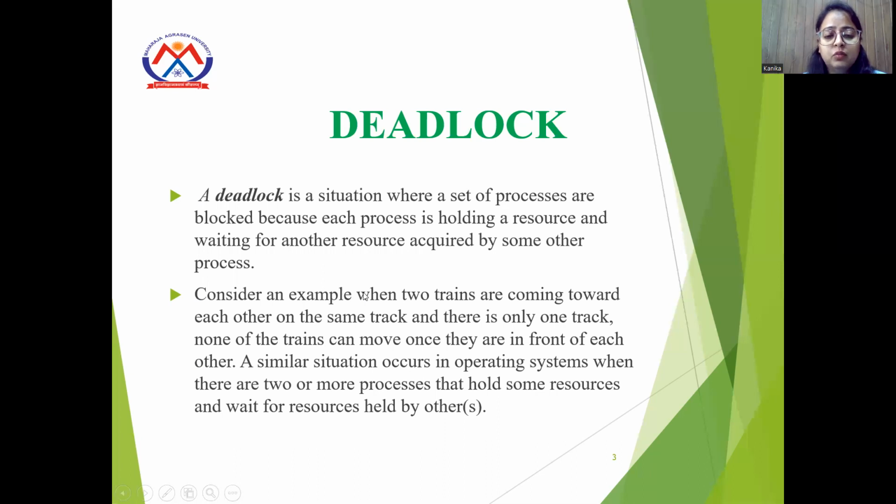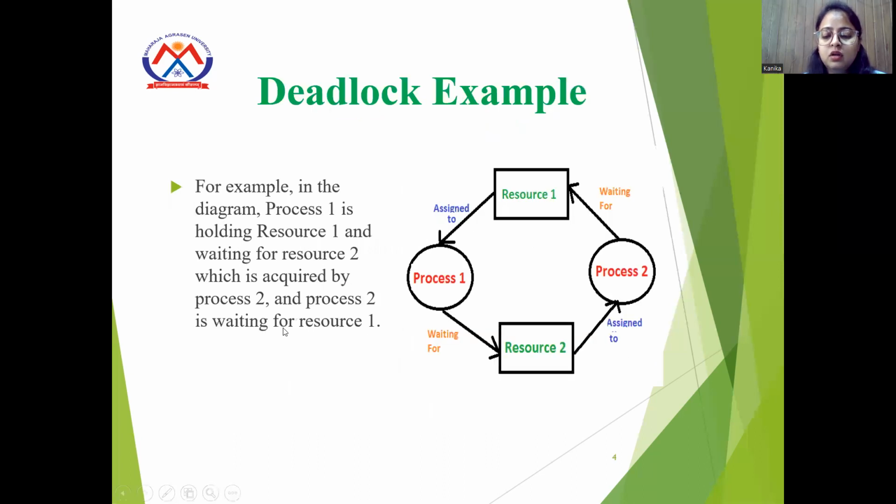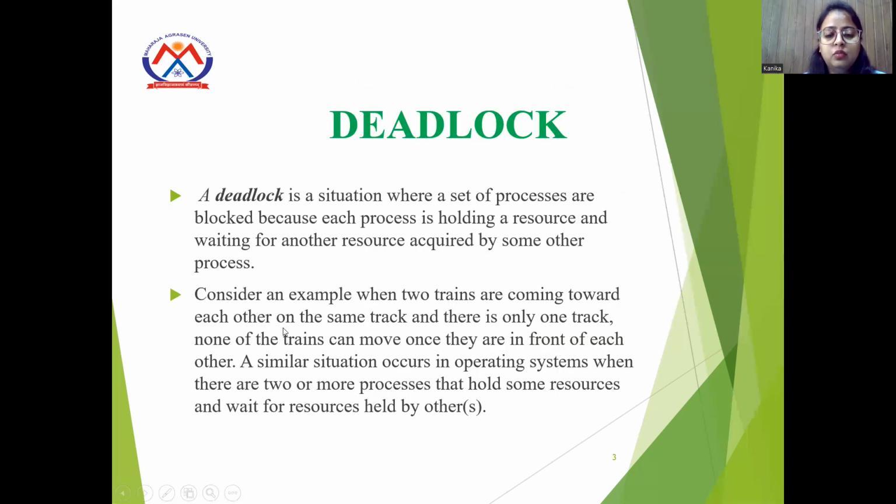None of the trains can move once they are in front of each other. At this time, a deadlock situation arises because none of the trains can move, because there is only a single track and two trains cannot move on a single track.